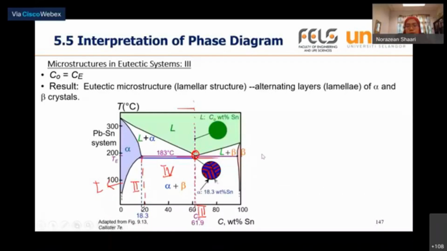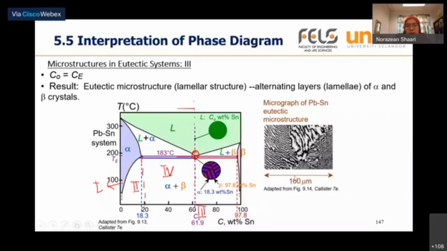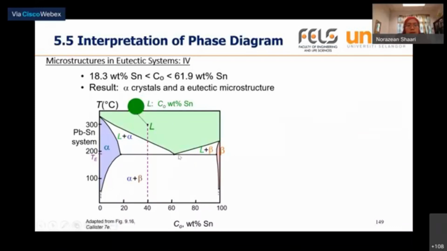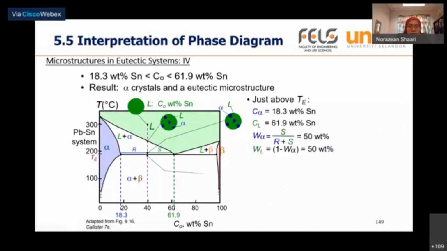Okay, ni lamella structure kalau anda mikroskop. Untuk yang keempat ni, structure-nya starting from liquid, sama, liquid plus alpha, right? But untuk alpha plus beta-nya adalah lamella structure. Okay, so kalau nampak dekat sini, lamella structure which is a eutectic structure tapi dia ada primary alpha, yang putih-putih ni.